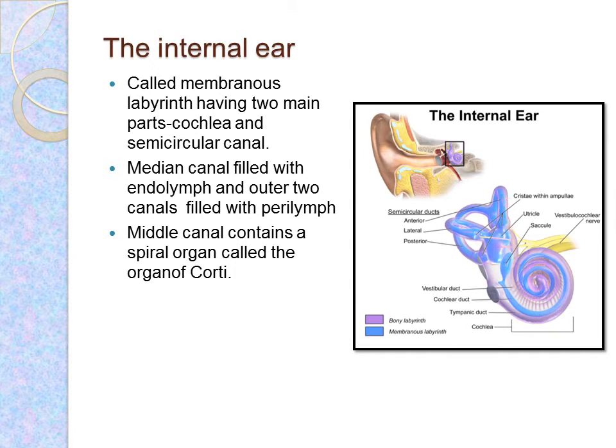At one end, the canal has a swollen ampulla. Now when we zoom in on the full internal ear structure, we will study the full details. Now let us see what is there in the next slide about this internal ear.